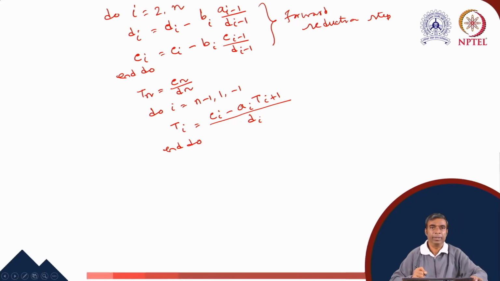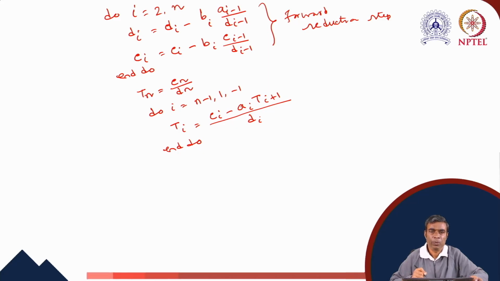So this is the pseudo code for the Thomas algorithm for solving the degrees of freedom in a tridiagonal matrix that is generally obtained in the one-dimensional heat conduction and fluid flow problems.